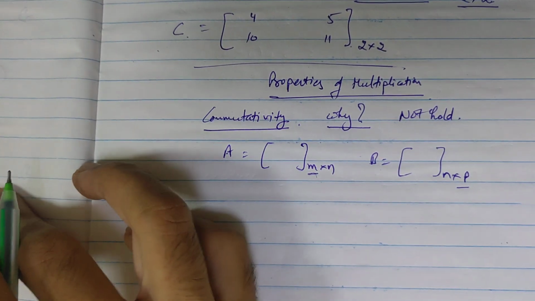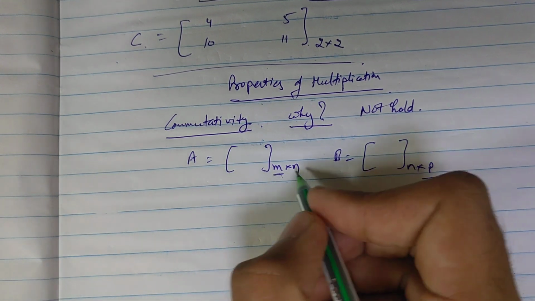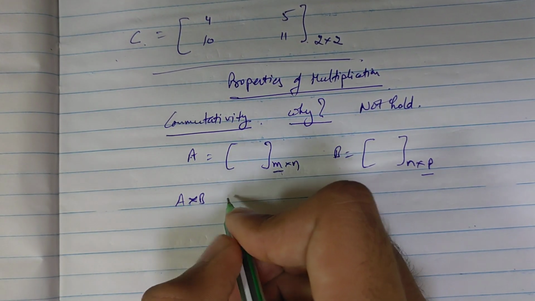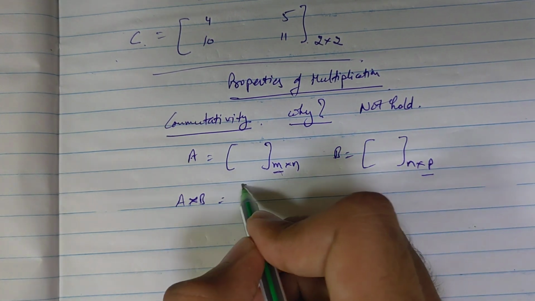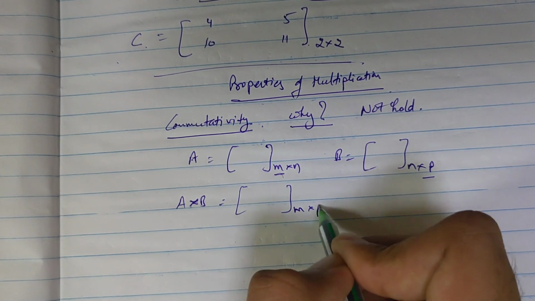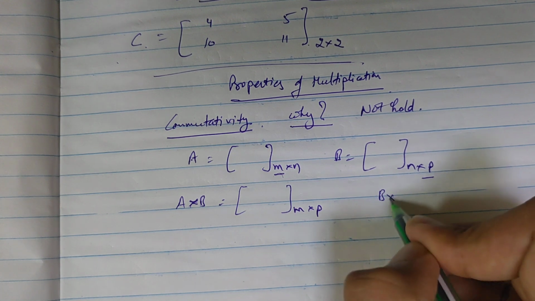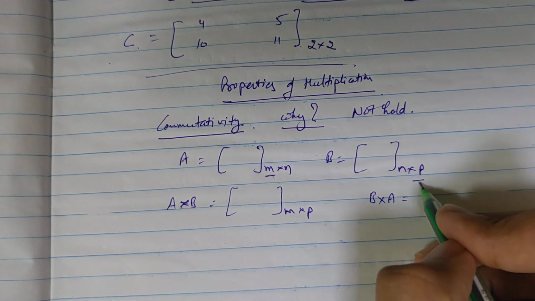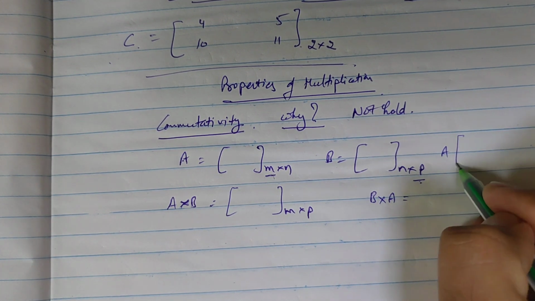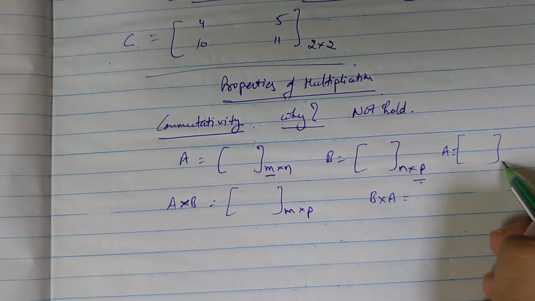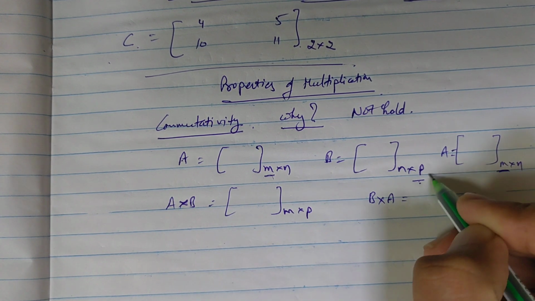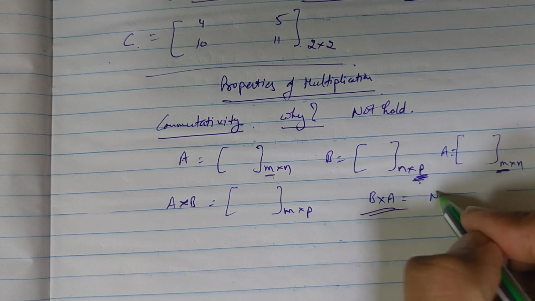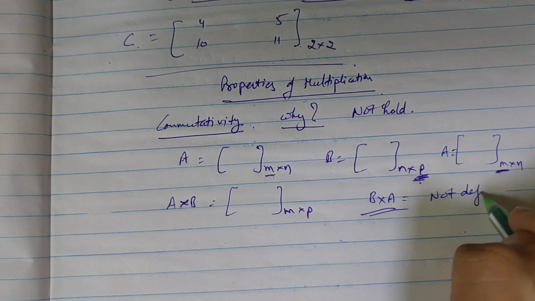So when we are multiplying A with B, and we are taking A cross B, then we will have a matrix that is of the order M cross P. But when we are taking B cross A, then you can write A here again like M cross N. So M and P are not same, so this will not be possible, not defined.